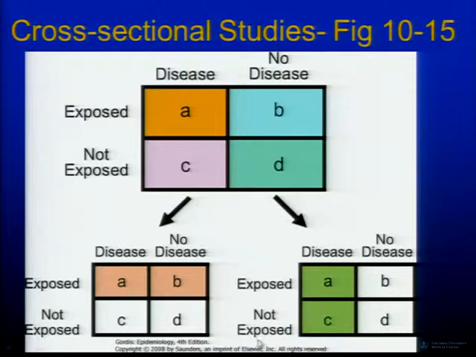It allows you to look at those that are exposed and diseased, those exposed with no disease, those diseased but not exposed, and those that had neither exposure nor the disease. We can look at this 2 different ways: in terms of exposed or not exposed, and disease or not disease. This is everyone that was exposed, this is everyone that has the disease. So we get all the information with this snapshot in time.